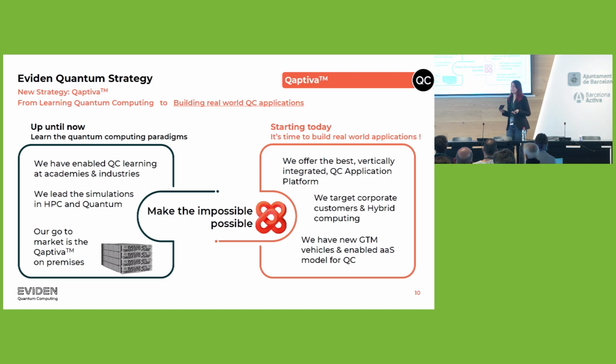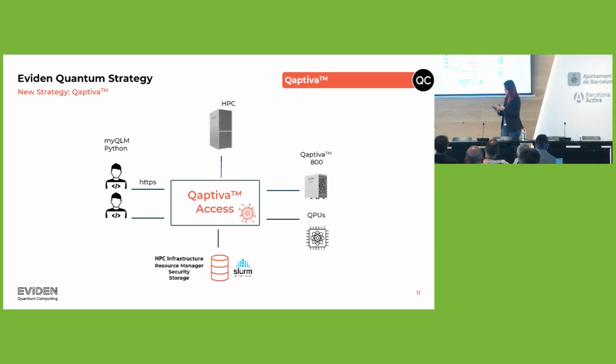Our strategy until now consisted of presenting a shared memory appliance, hardware and software, in a quantum emulator called Qaptiva, which was designed for research centers, universities, and industries just starting in quantum computing. Now we offer a total emulation environment that includes the emulation system, Qaptiva, and a differential strategy. Our slogan is make the impossible possible.